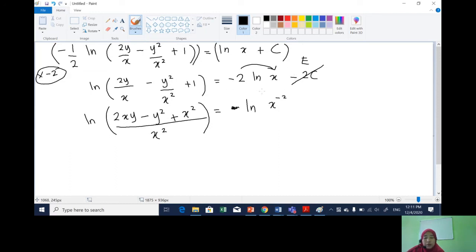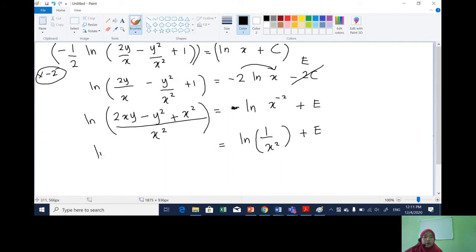Here you can use, let's say, call it e. You can use other symbols for the constants, no problem. If you want to use a, you can use it, but then don't use c, because we started with c. So choose a new variable. So the right hand side is also equal to ln 1 over x squared. It's the same meaning.